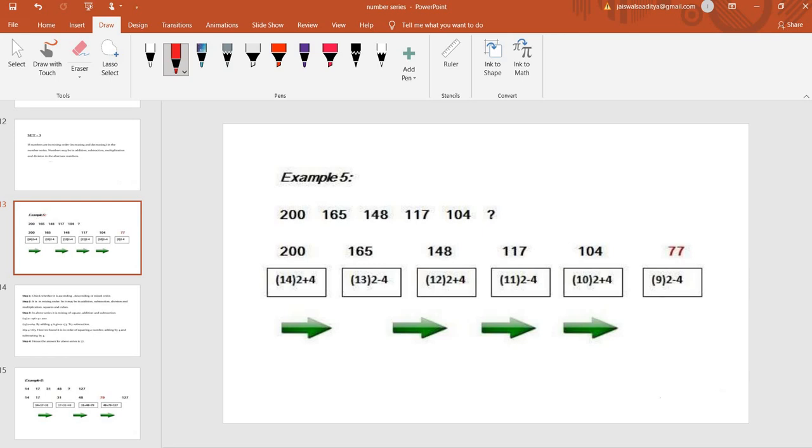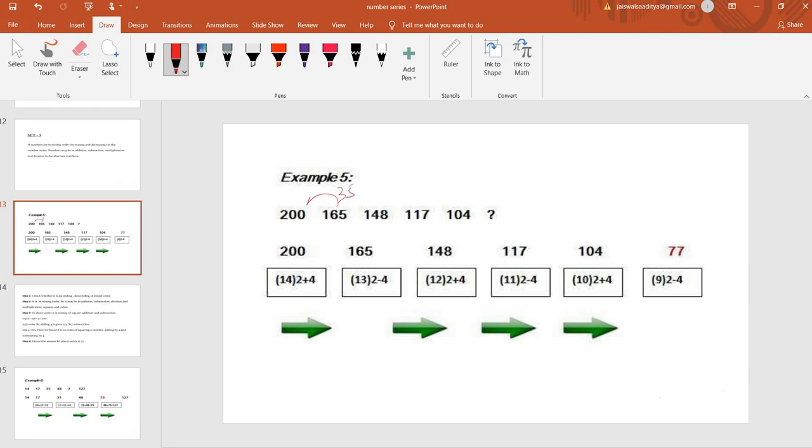You see, it's 200, 165, 148, 170, 104. So we have to just find a pattern. If we subtract 165 from 200, we will get 35.